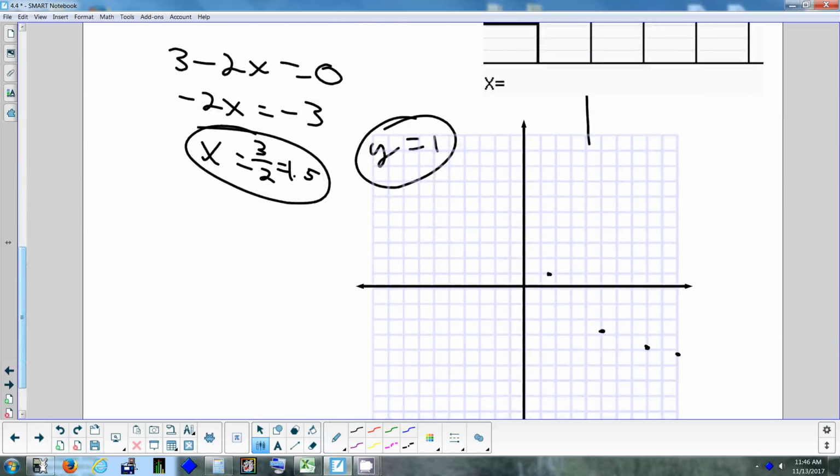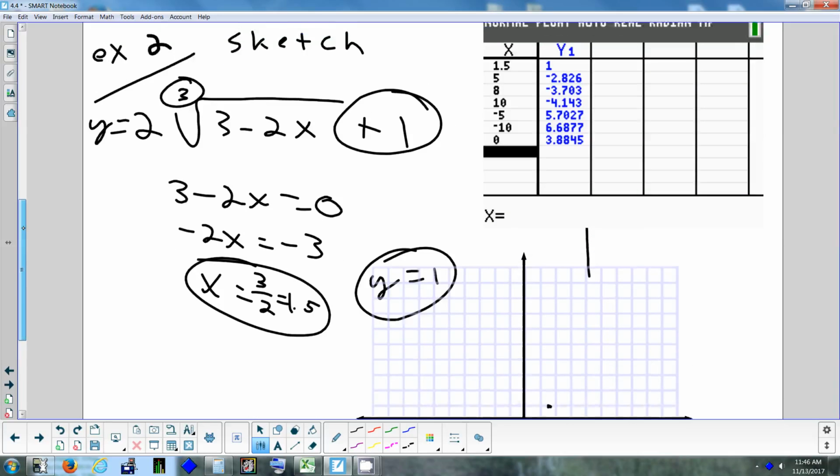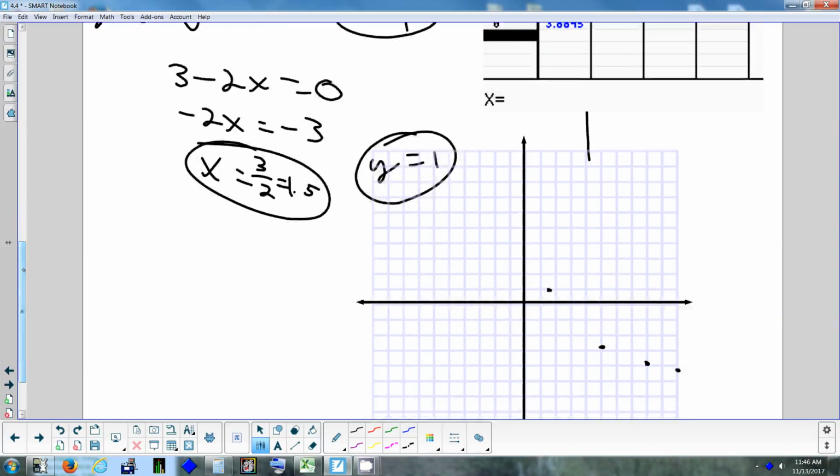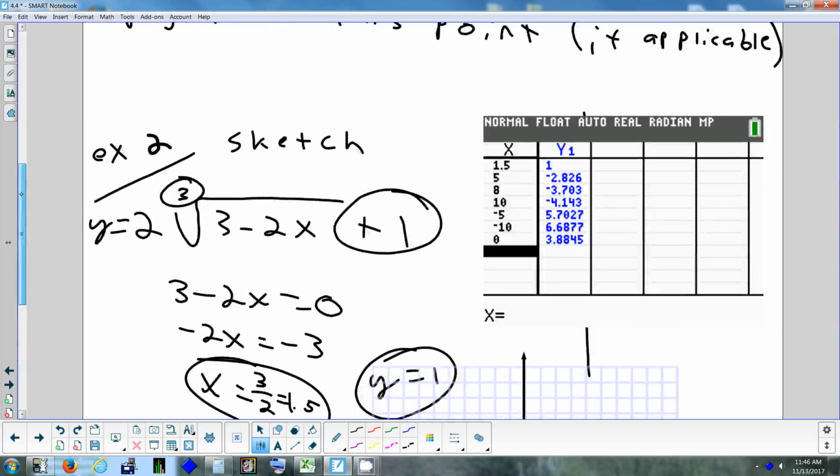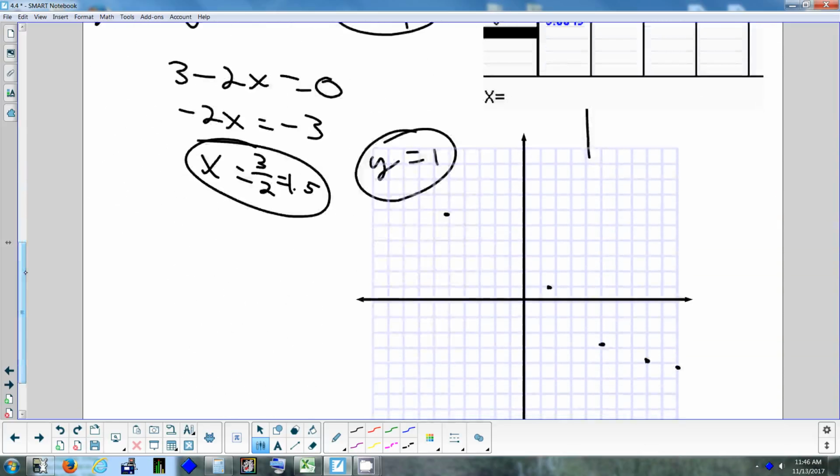All right. So on that side, I can see the curve pretty good. Let's check on the other side. So -5, 5.7. Let's see. -10, we've got 6.6. Okay, and from those points, it gives me a pretty good idea of the sketch. So just connect it, and that's it. That's your picture.